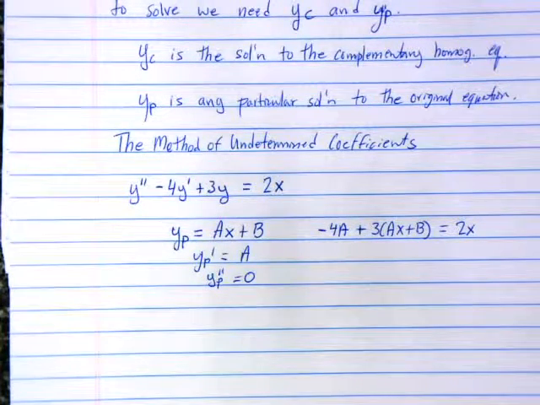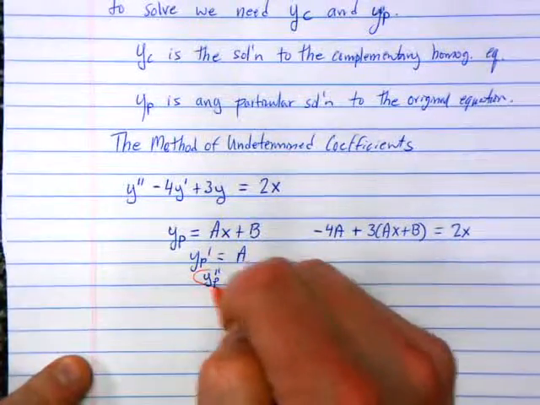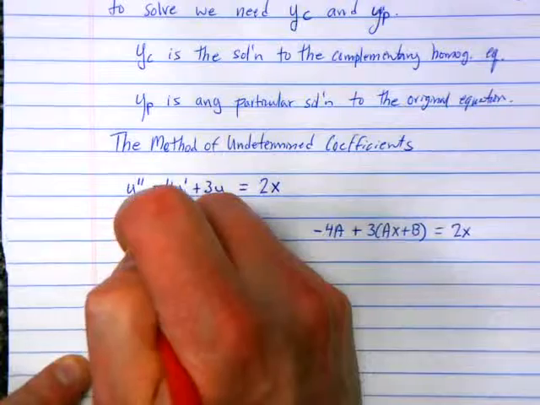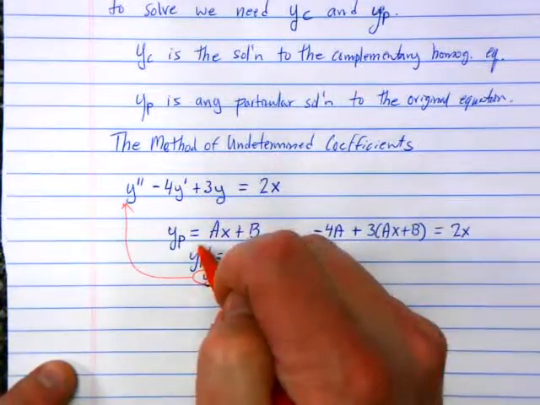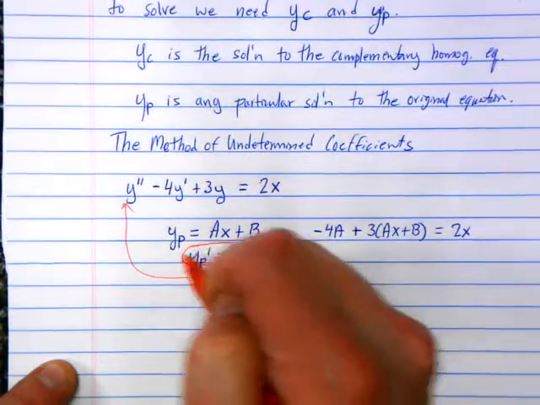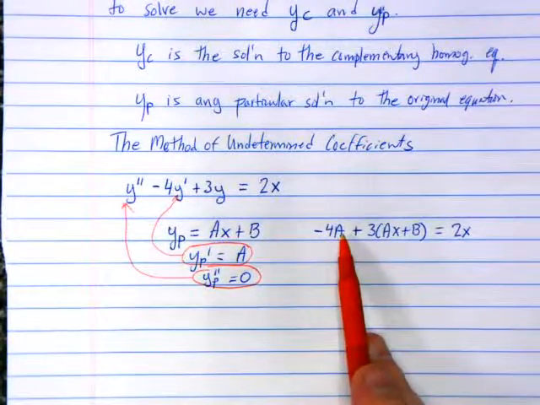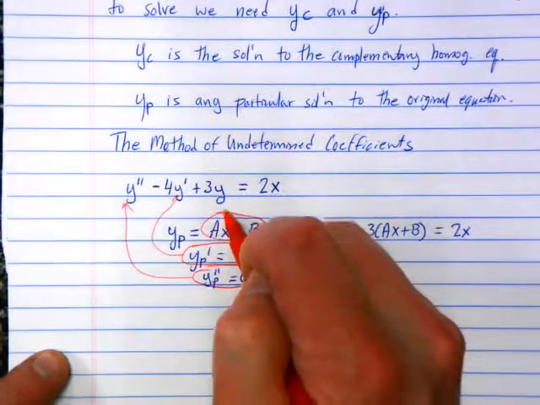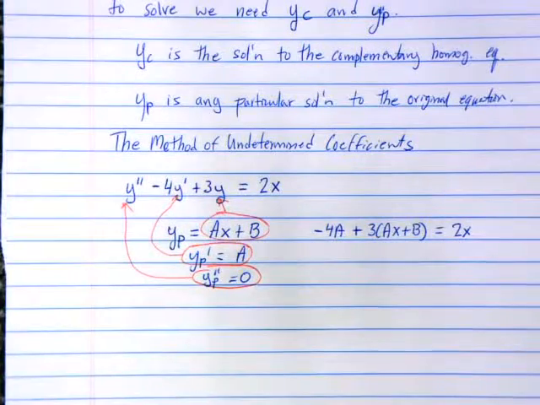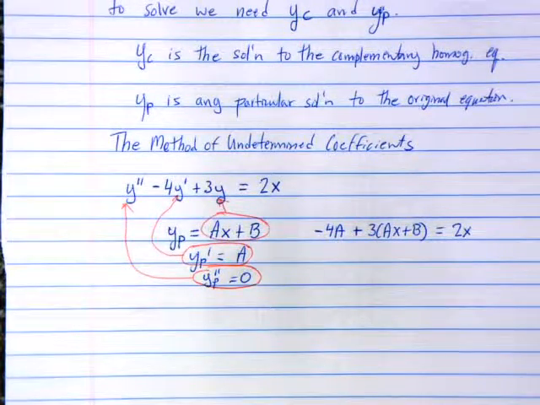So what I did is I took yp double prime and plugged it in right there. That was 0, so that just went away. I took yp prime and plugged it in right there, so there's where I came up with the negative 4a. And then I took my original guess, ax plus b, plugged it in there, but I got to multiply it by 3, so I get 3ax plus 3b.